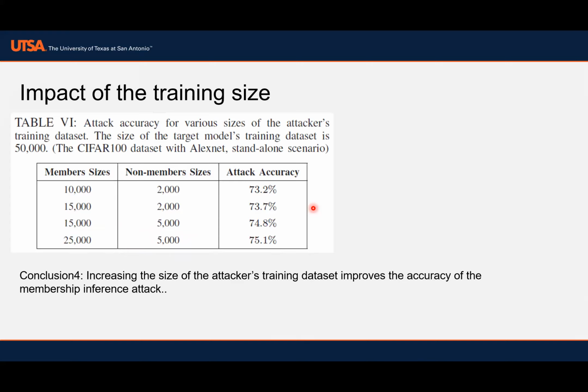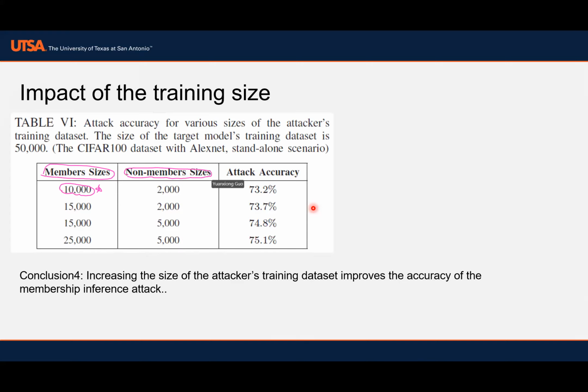But from a practical perspective, a more interesting scenario is that perhaps you don't have so many member samples. You actually have very few of them, and then you have a lot of non-member samples.